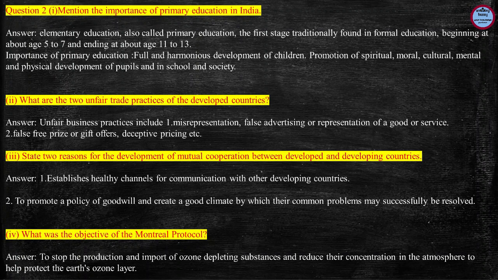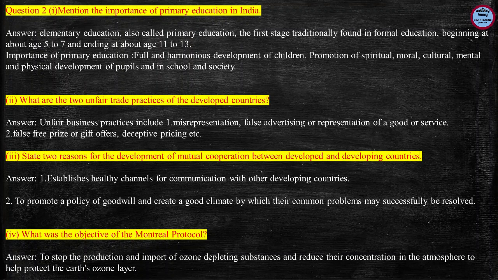Coming to the next question, what are the 2 unfair trade practices of the developed countries? The answer is, unfair business practices include misrepresentation, false advertising, or representation of goods or service.